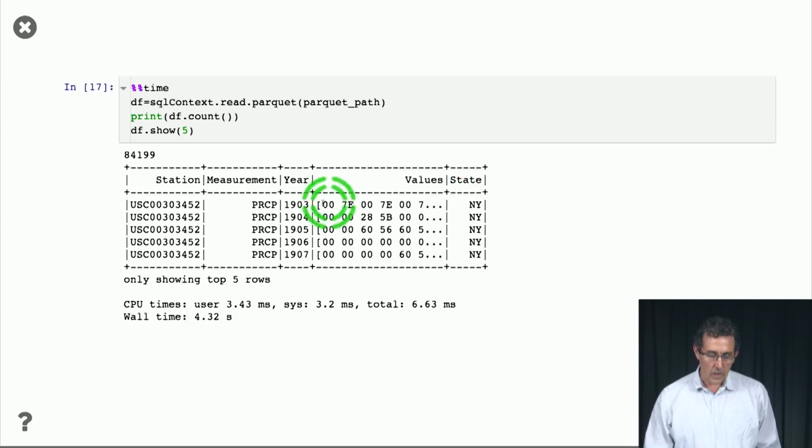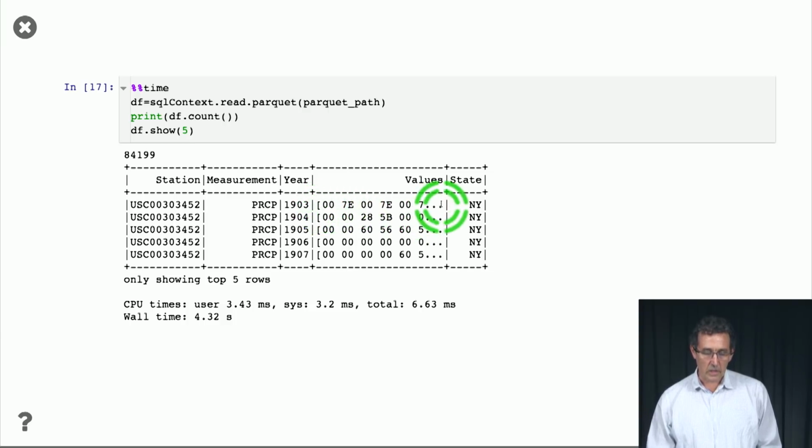And values is essentially the data itself. It's packed in a particular way. Basically, it is a byte array, which consists of pairs of bytes that represent 16-bit floats. Okay, so that's how we represent them.